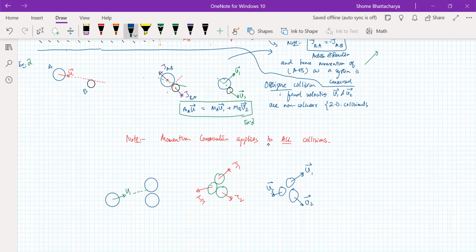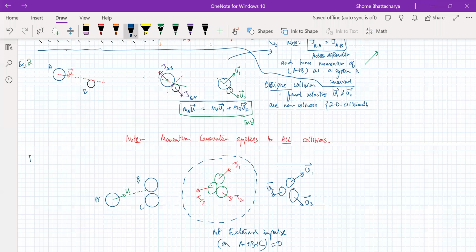But even in this case, the vector sum of these impulses will be zero. So the net external impulse on the system of A plus B plus C will be zero. Therefore, linear momentum will be conserved for the system.